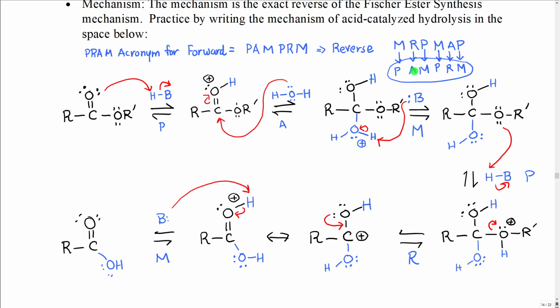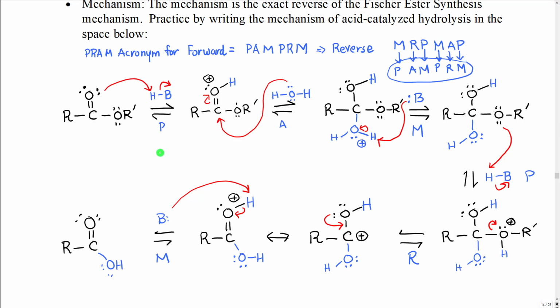So the R becomes an A, and then a protonation step in the forward direction becomes a make stable step in the reverse direction. So following this logic, then you can see how M becomes P, R becomes A, and so forth, and we get this acronym for the reverse reaction, which interestingly enough in this case is the exact same as the forward reaction.